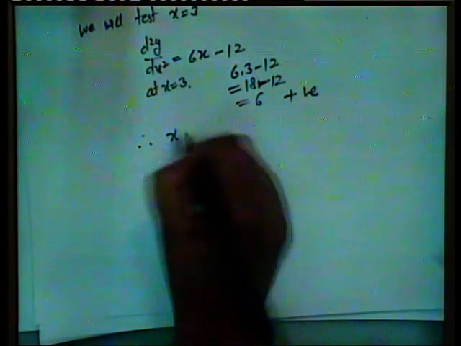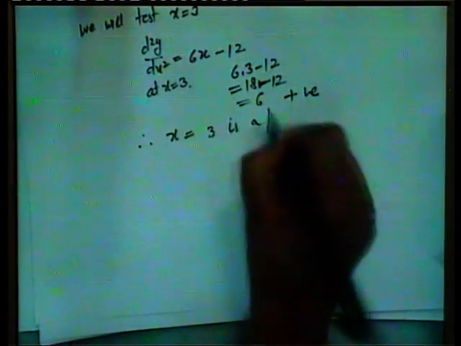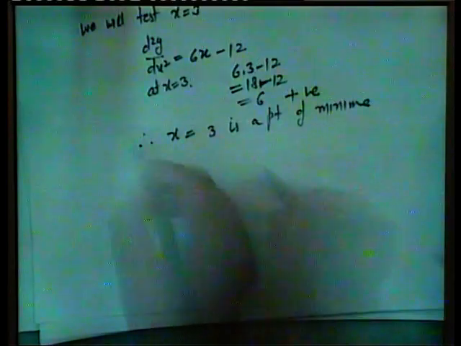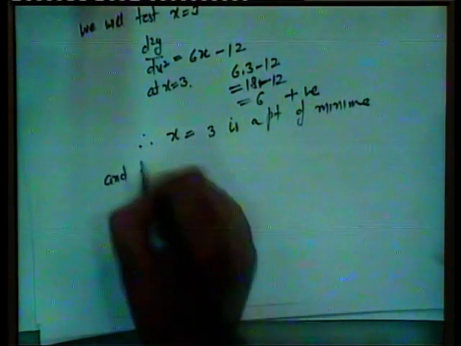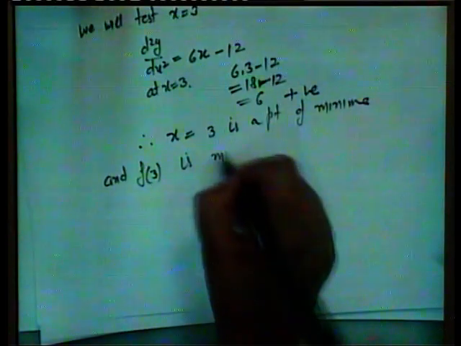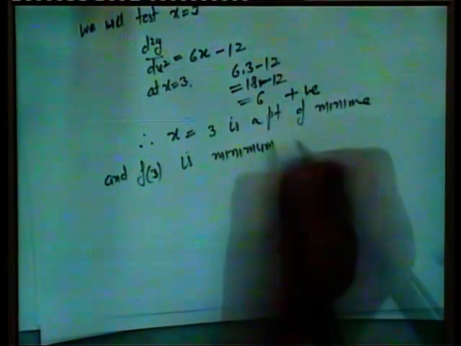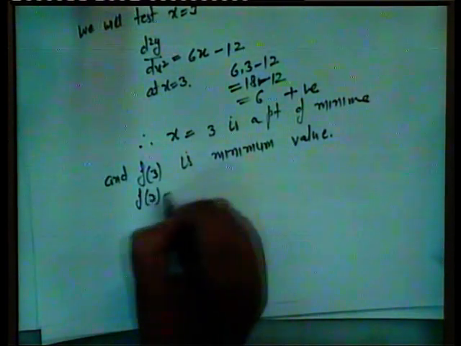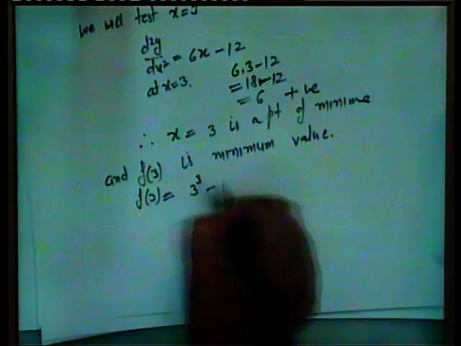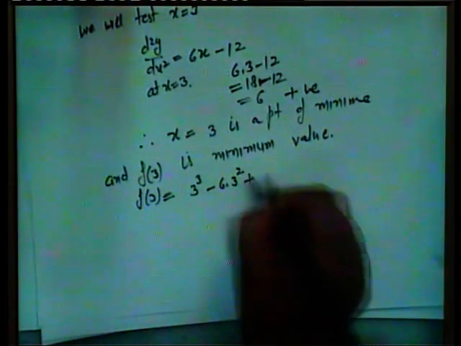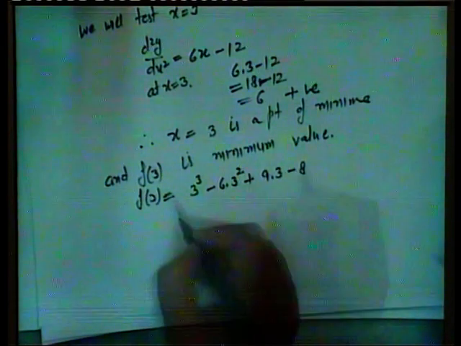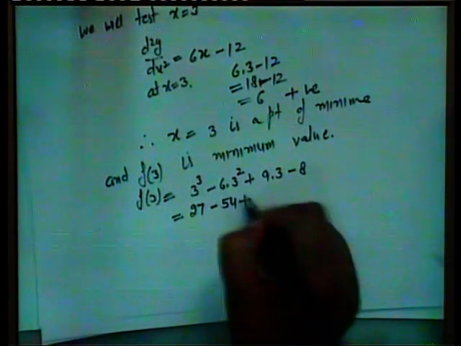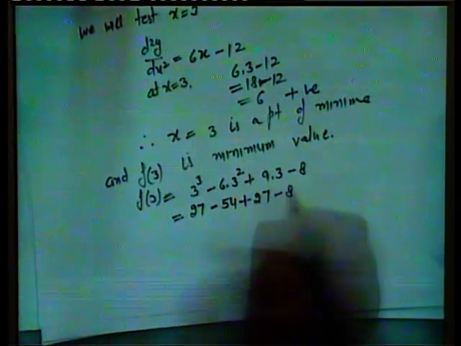Therefore, x is equal to 3 is a point of minima, and f(3) is the minimum value. f(3) is equal to 3 cube minus 6 into 3 square plus 9 into 3 minus 8. 27 minus 54 plus 27 minus 8.